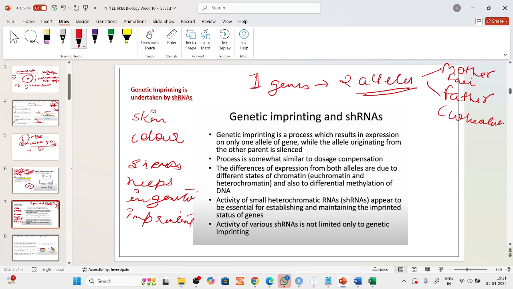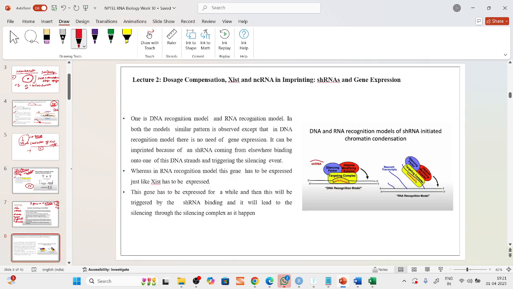Just now here we studied that genetic imprinting means one of the alleles has to be silenced. One allele has to be silenced and it is already pre-decided whether this allele will be of father or mother. Suppose father's allele has to be silenced. So now silencing means what?